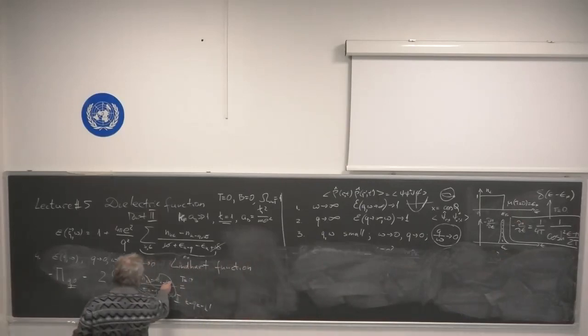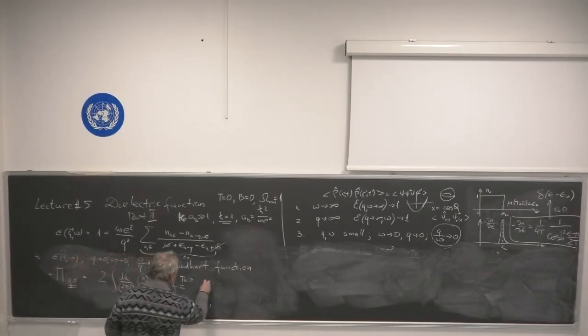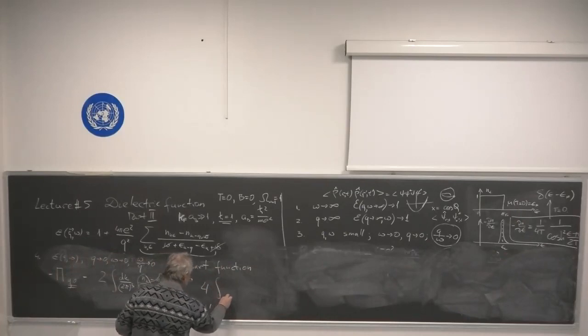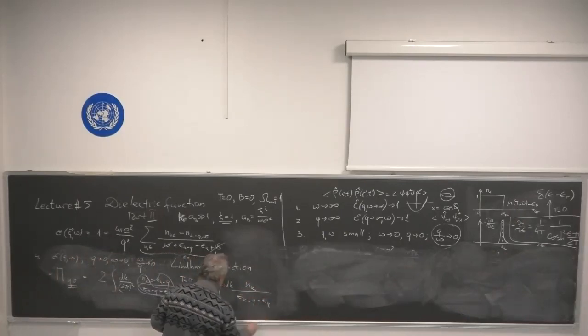I see that the second term, which comes with a sign minus, after this replacement, will produce the same structure as the first term, so they sum up. So this is therefore 4 integral over d k, n of k divided by epsilon k minus q minus epsilon k.